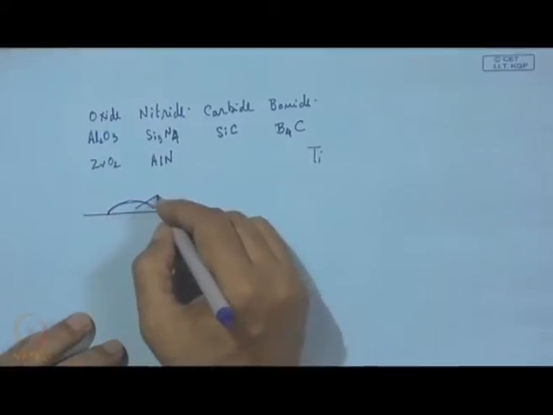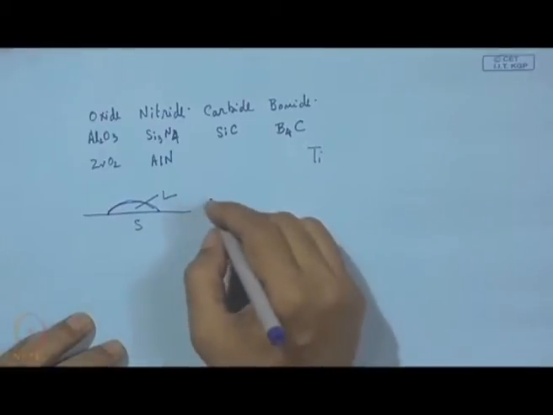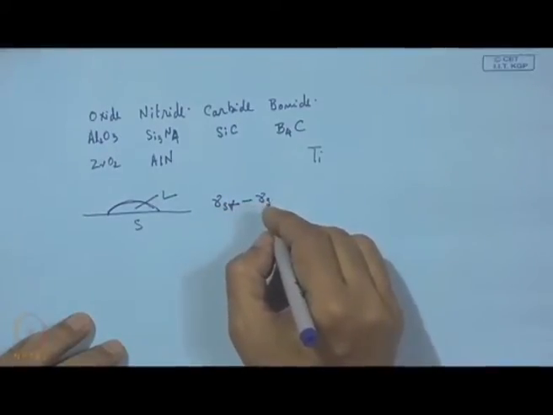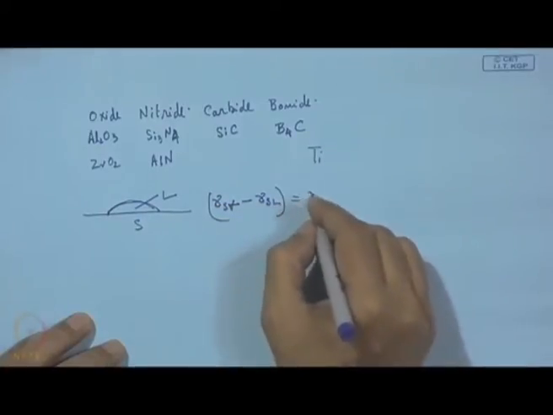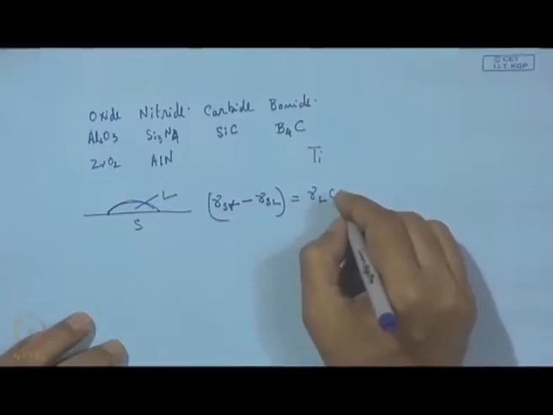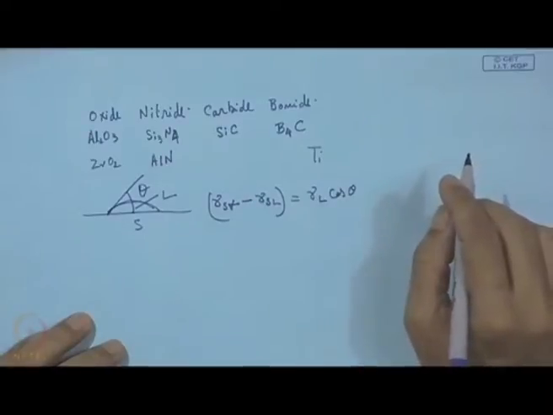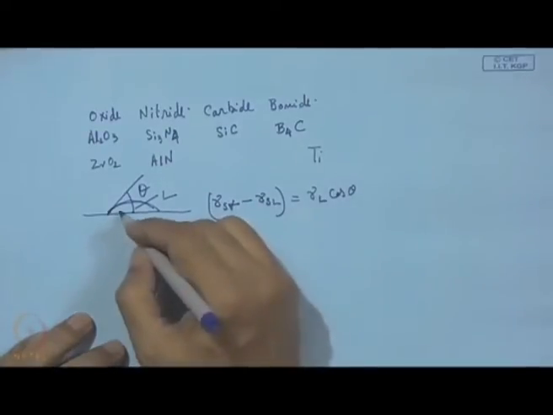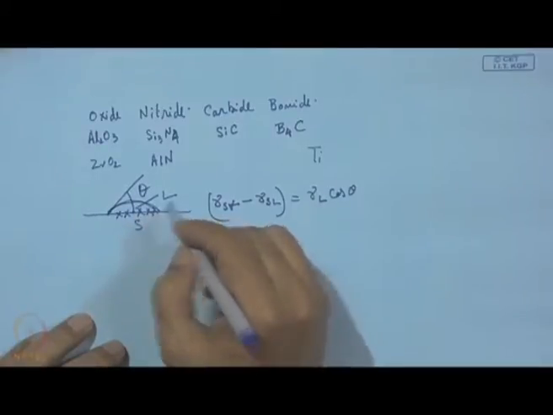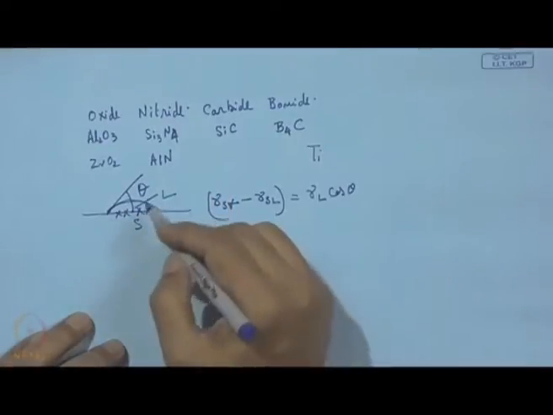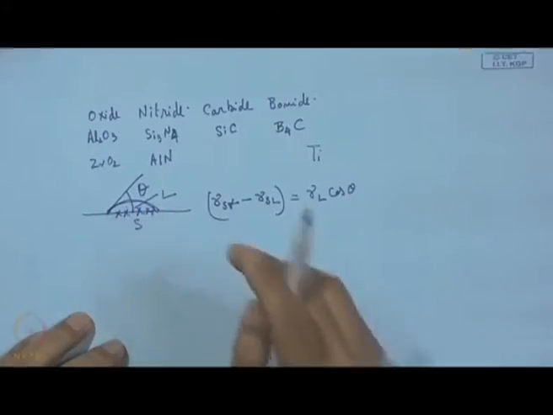If this is the liquid and this is the solid, then according to Young's equation we can immediately write gamma SV minus gamma SL is equal to gamma L cos theta, where theta is the contact angle, and there is no reactivity, and the interface that is formed is because of the existence of physical force of attraction, what we know as van der Waals force of attraction. And then we have a two phase system, liquid and solid.